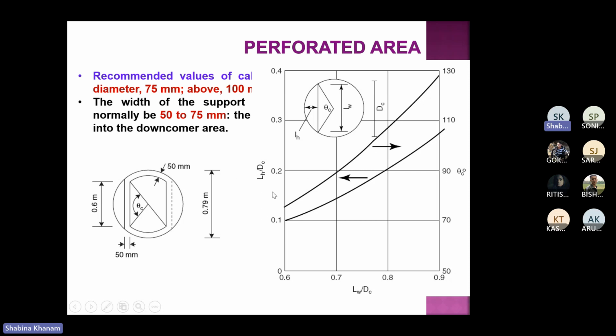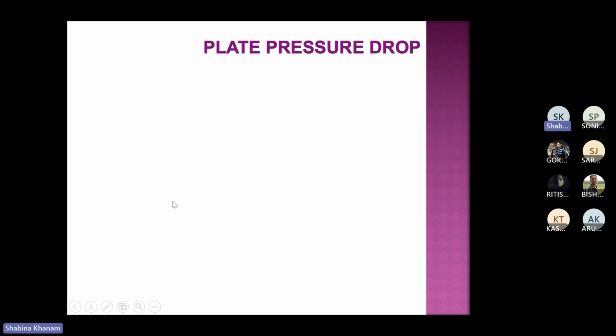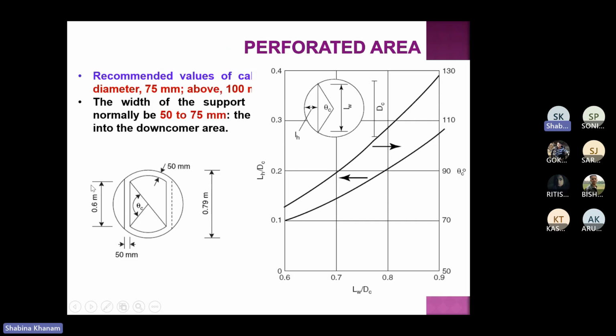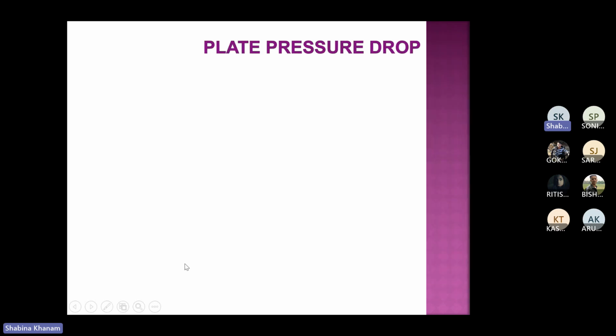Now what is this LH by DC? If you recall the class where we discussed the AIChE method, there you need to find out ZL. ZL is from the inlet downcomer to the outlet weir. How have we obtained that? We have already considered this value from here to here by some assumptions.